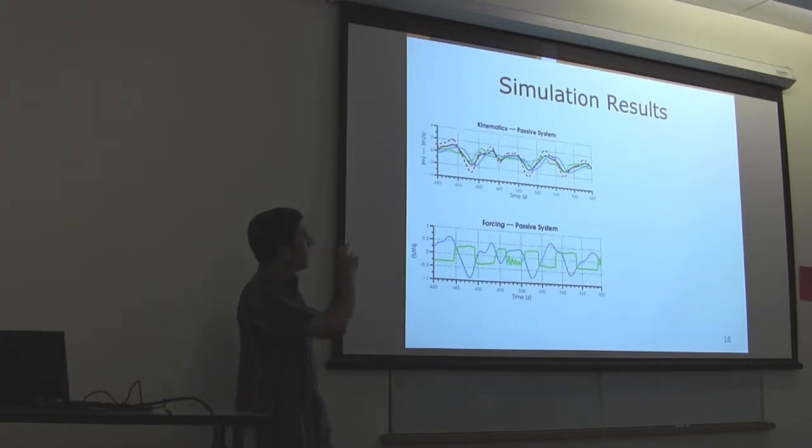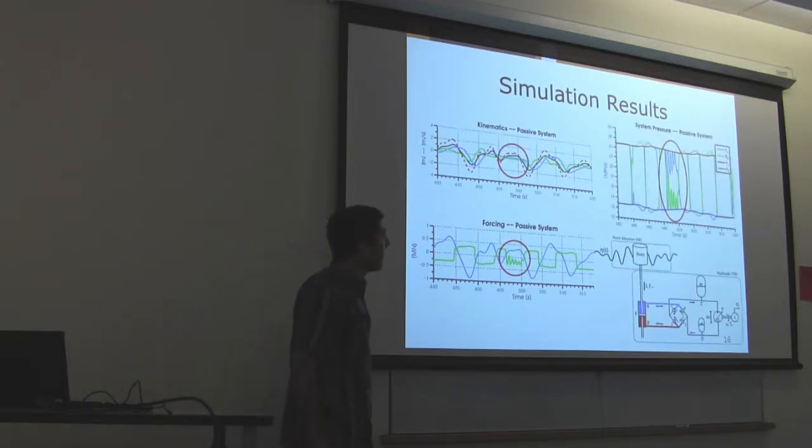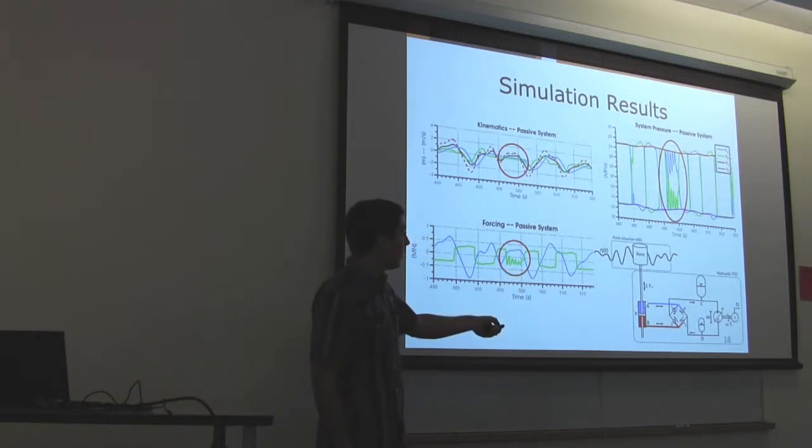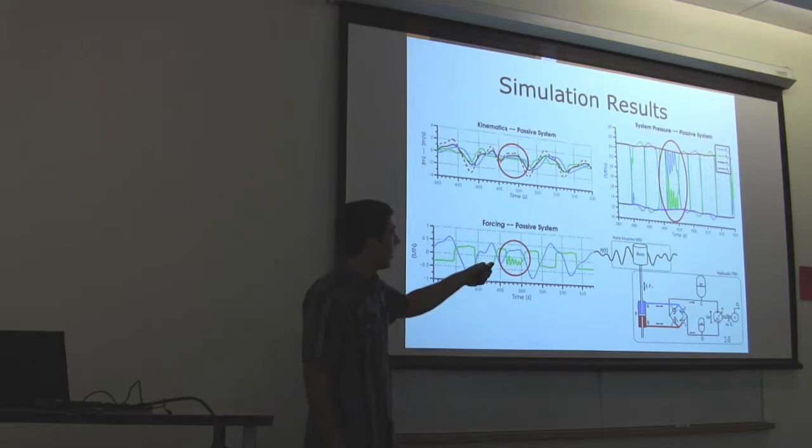Now, this is for the passive system. I just want to show what's going on here when it's stalling out. If we take a look at the system pressure, you see the blue and green lines are side A and B here, and this red line up here is the high pressure side.